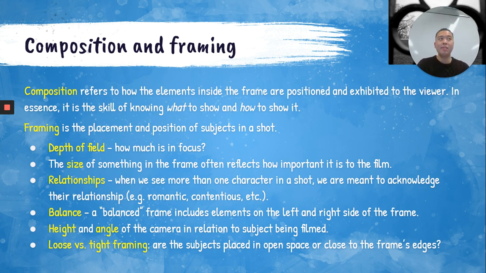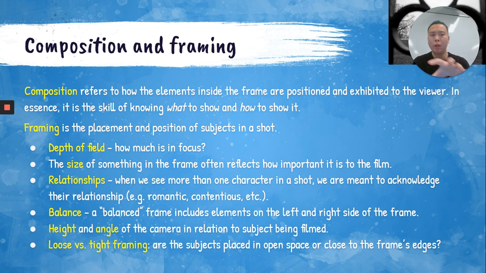Now, the key distinguishing factor between composition and framing is actually the second clause in the second sentence of the definition of composition. So composition not only refers to how elements such as actors and objects are positioned in the frame, but it has to do a lot more with what is shown in the frame as well as how it's shown. So what does the filmmaker deliberately show the viewer, us?